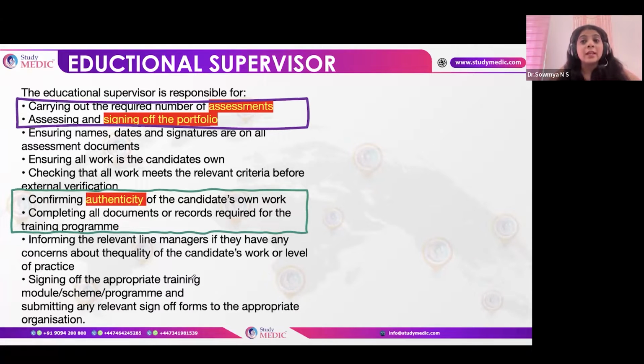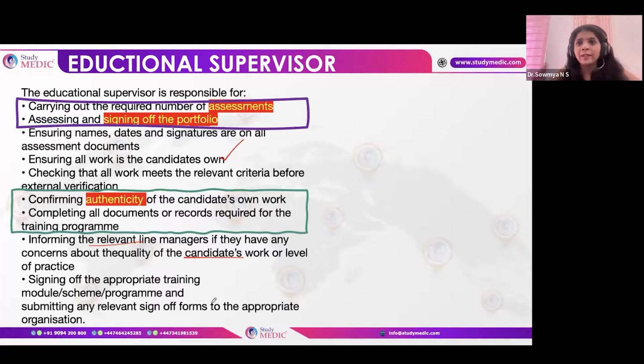The educational supervisor is the primary point of contact for a trainee. The candidates do their assignments and assessments, and it is definitely the candidate's own work. If they have concerns about their work level of practice, like bullying or training difficulty, these should be reported to the educational supervisor so that he can take it further and help the trainees.